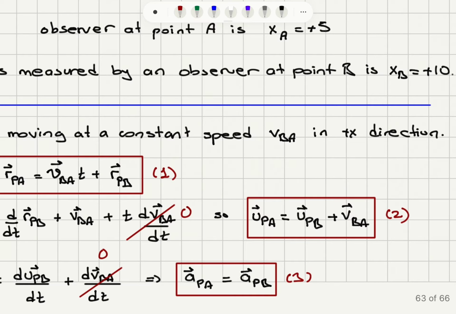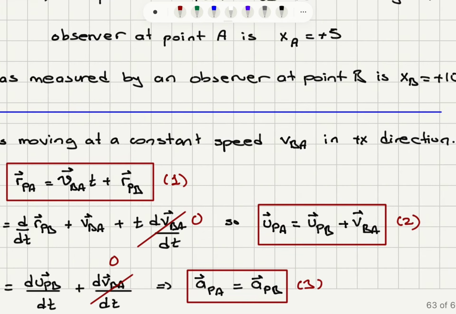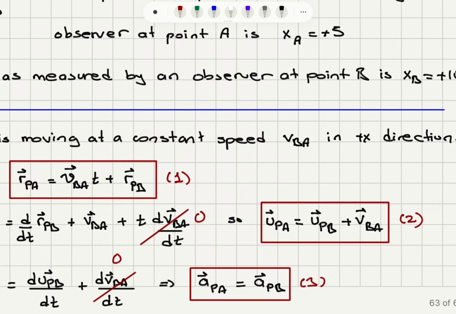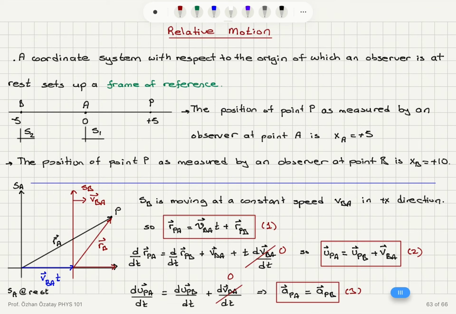So there's a relationship between the velocities reported by A and B: if you look at the velocity reported by B and add to it its velocity relative to reference frame A, you get the velocity reported by reference frame A. If I take one more derivative, dUPA/dt is dUPB/dt plus dVBA/dt, but VBA is a constant, so it's going to be 0. I will find that the acceleration reported by A and the acceleration reported by B are exactly the same.